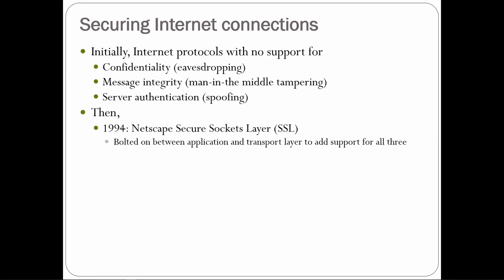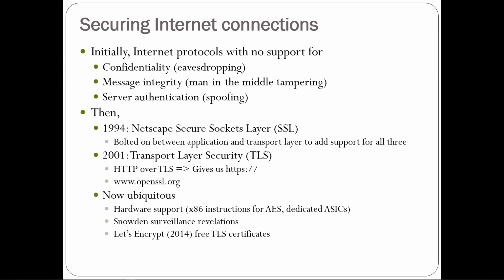This is where security started to get integrated into internet applications. It eventually evolved into something called TLS. Transport Layer Security is a generalization of SSL, and it underpins the security when you go to a site that has https:// in front of it.